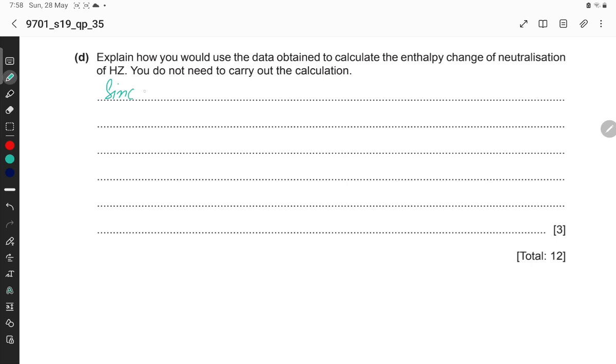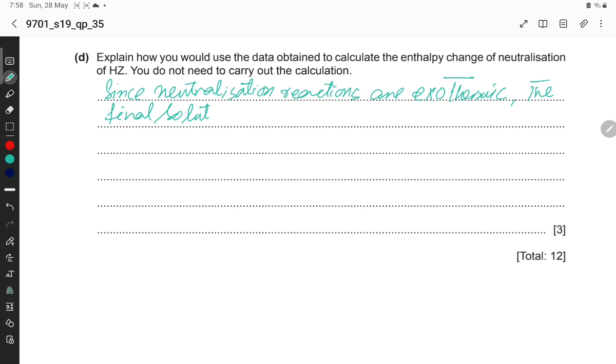Since we know that neutralization reactions are exothermic, the final solution will increase in temperature.